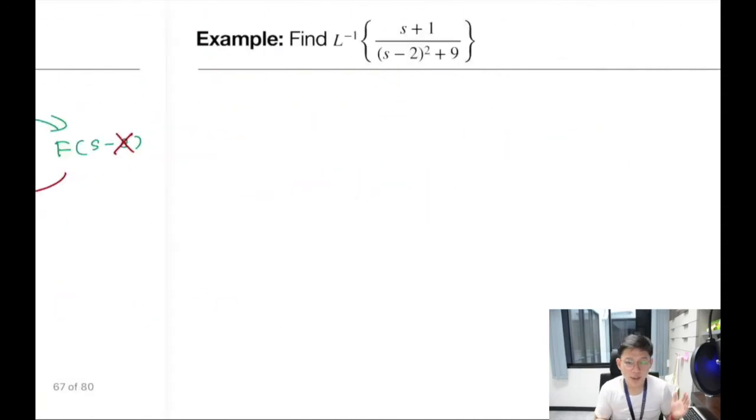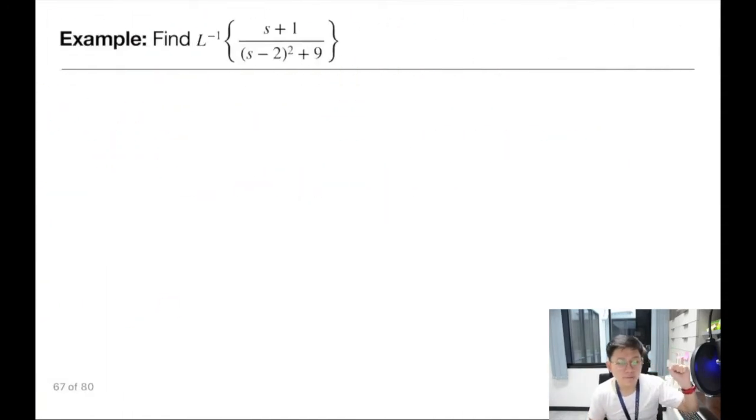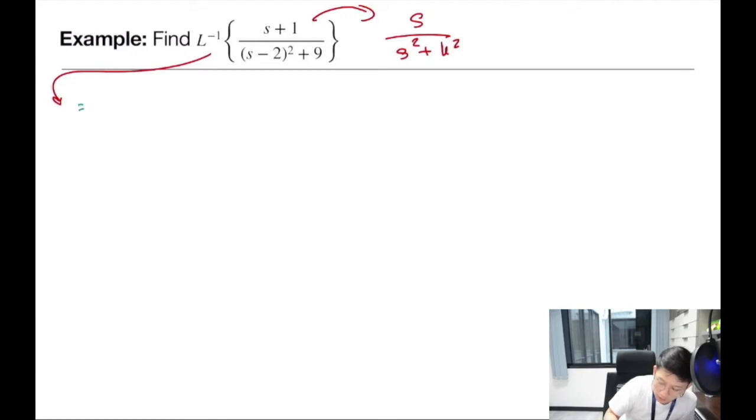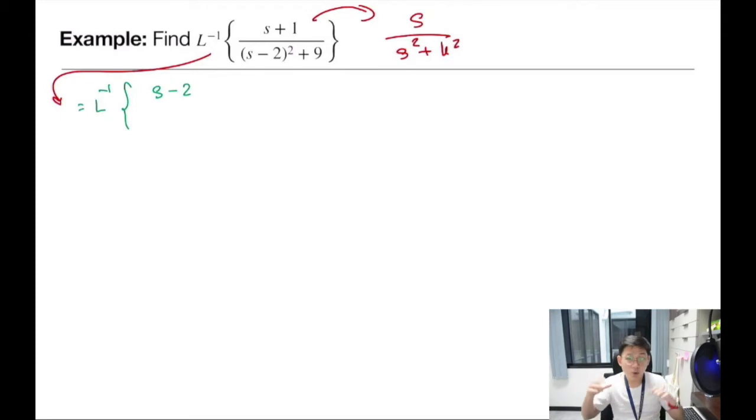Okay, next question. Find the inverse Laplace transform of s plus 1 divided by (s minus 2) squared plus 9. So guys, this one, you need to somehow look at it as s divided by s squared plus k squared. But here, I'm going to change it to L inverse of s minus 2, because I want it to be the same s.